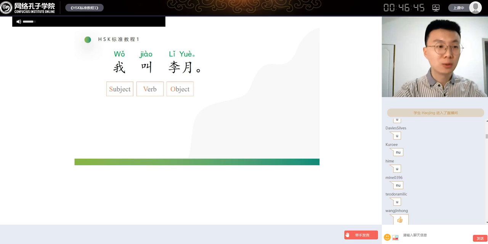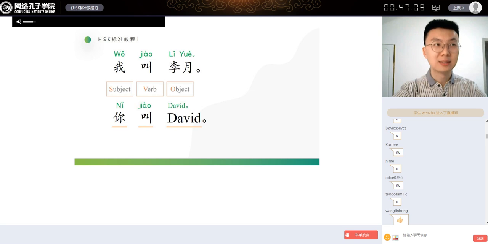According to this sentence, we can find the Chinese sentence order should be subject, verb, and object. This order is mostly the same as English. Like this one, 你叫 David. 你 is the subject, 叫 is a verb, David is the object.